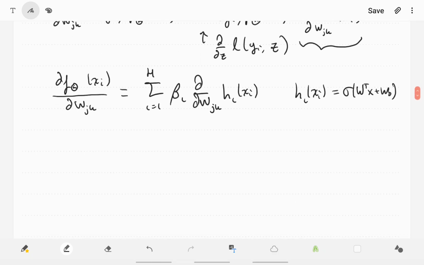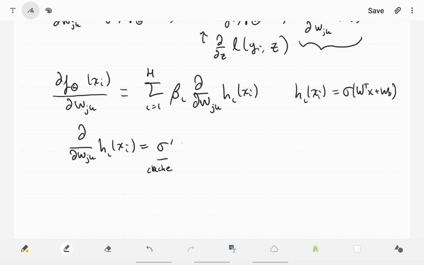Now let's continue this partial over partial wjk of h sub iota of xi. This is equal to, let's apply the chain rule again, sigma prime, the derivative of sigma. Because it's univariate and applied element-wise, this is another thing that we can just cache. Right? We can cache this, and I'll show you what I mean in a minute.